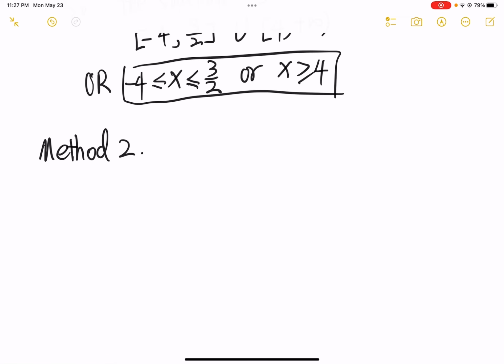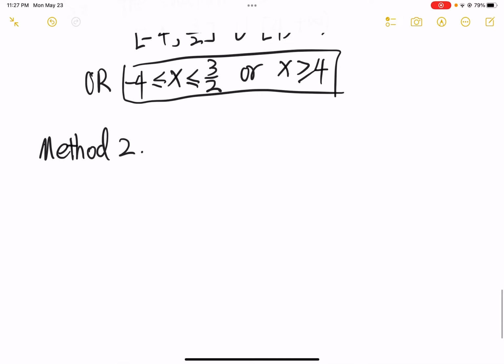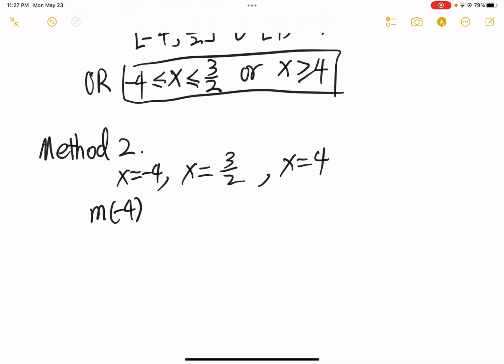Okay, so we still have x equals negative 4, x equals 3 over 2, and x equals 4, right? The multiplicity of negative 4 is 1. The multiplicity of 3 over 2 is 1. The multiplicity of 4 is 1.